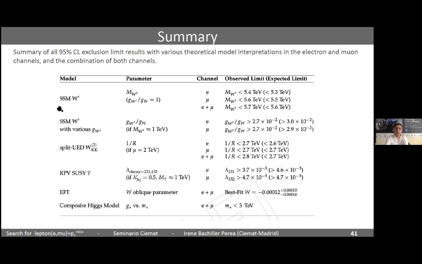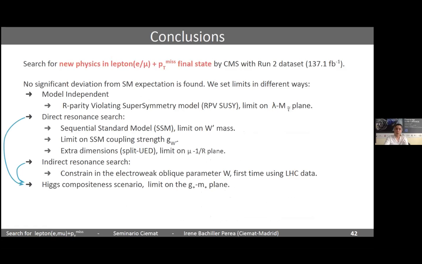This is a table that summarizes all the results that I already presented, all the models for each channel, and the observed limit that we put in the different variables for some channel split and some combination. With this, I will just go to the conclusions.